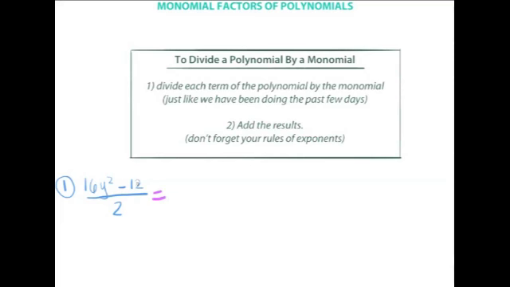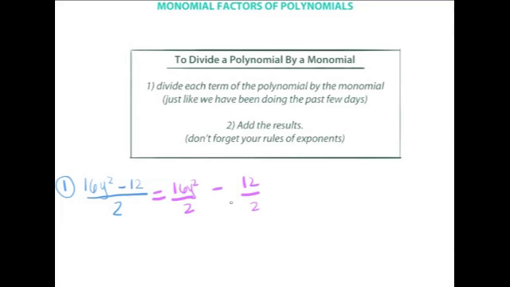See how there's two things in the top of the fraction? Each term means write them out again. But you want to divide each of them by whatever's in the denominator. So in this case, it's 2. So step 1 is just saying to split up everything that's in the numerator and put the denominator over each of them.